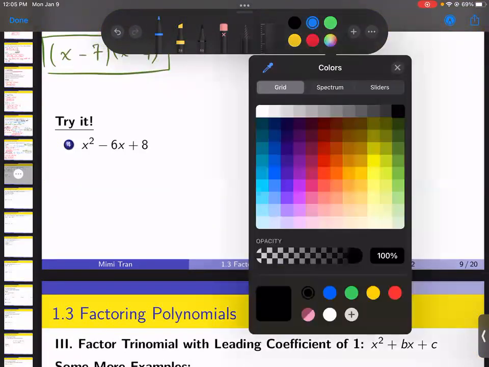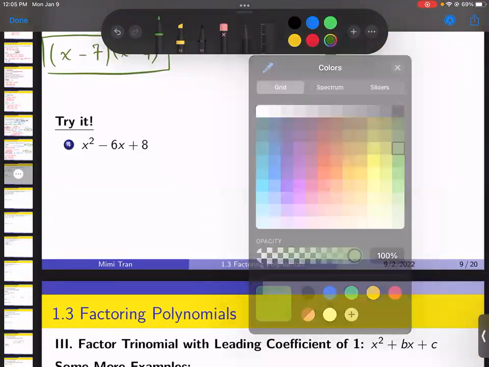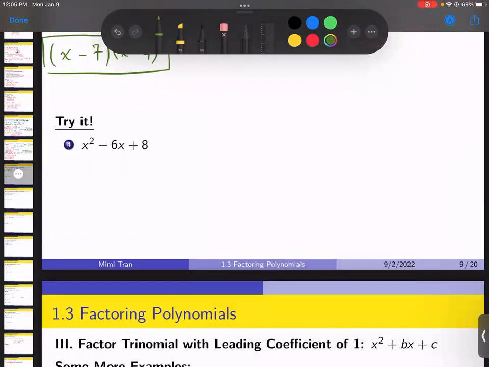Anyone have the answer yet? So product is 8 and sum is -6. Be -4, -2. How do you feel about these? Not too bad? Not too bad.